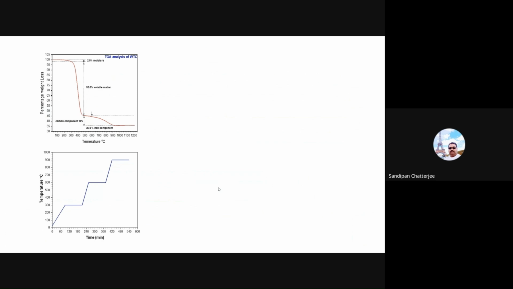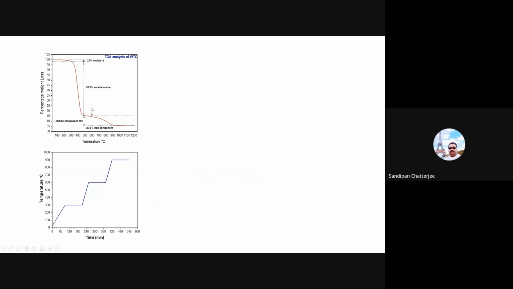The slow weight loss after 300 to 500 degrees centigrade is basically due to the carbon material generated during decomposition of that polymeric network, which undergoes further decomposition. As we need a magnetic carbon for the preparation of this material, we collected the material around 600 degrees centigrade.